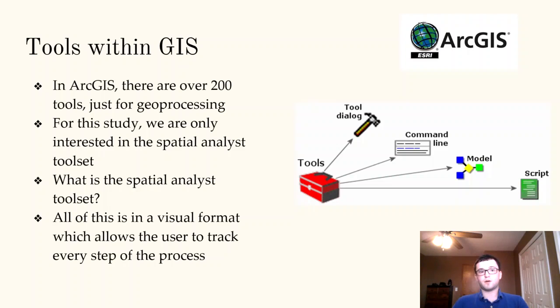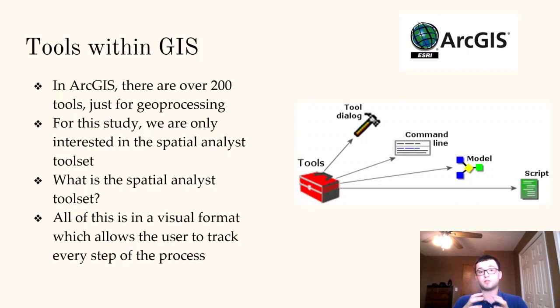For this study, we are only interested in the Spatial Analyst toolset within the geoprocessing toolbox. The Spatial Analyst toolset allows the user to combine information from many independent sources and derive new sets of information by applying a sophisticated set of spatial operators.